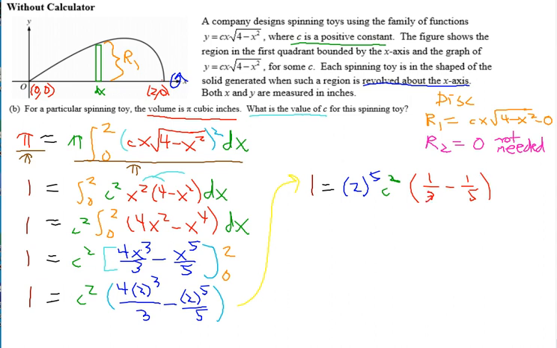So now, almost got it here. 1 equals 2 to the 5th is 32, times c squared, times... and then you can just get a common denominator of 15. So multiply this one by 5, that'd be 5/15. And multiply this one by 3, that'd be 3/15. And subtract those, gives you 2/15.